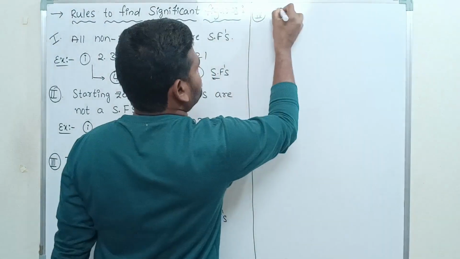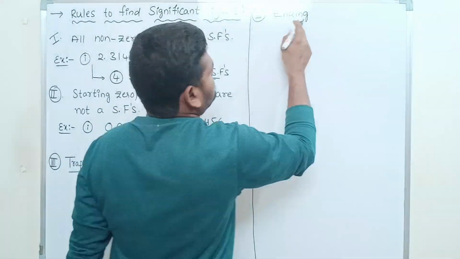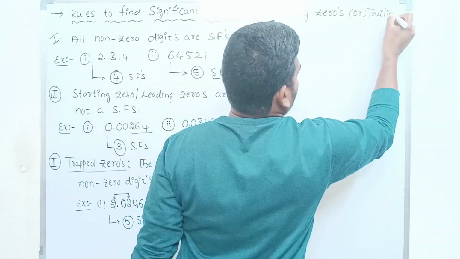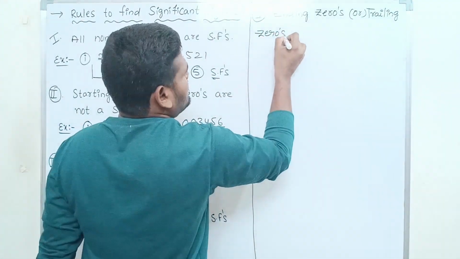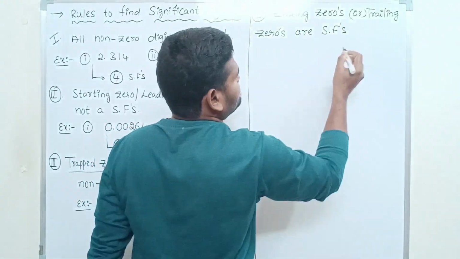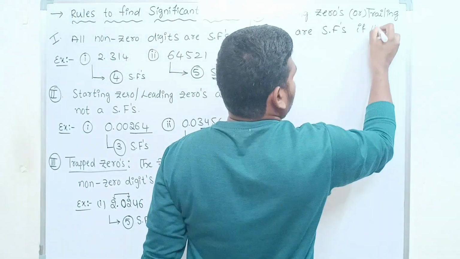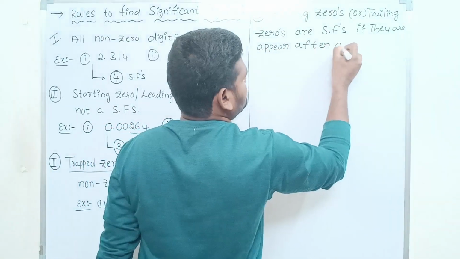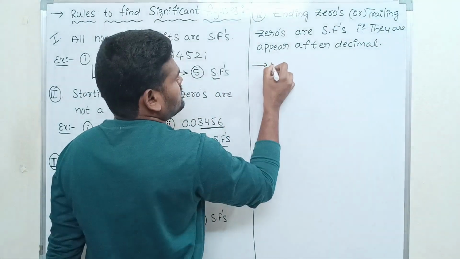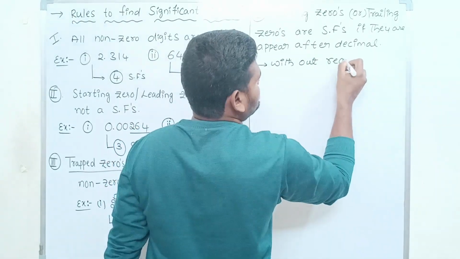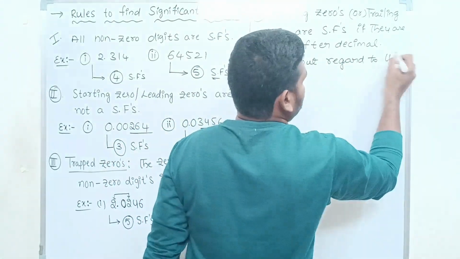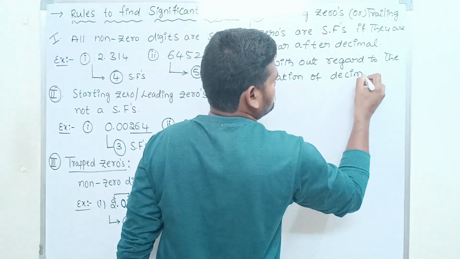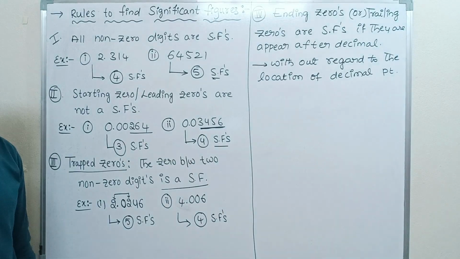Okay. Ending zeros or trailing zeros are significant figures if they appear after the decimal, without regard to the location of the decimal point.